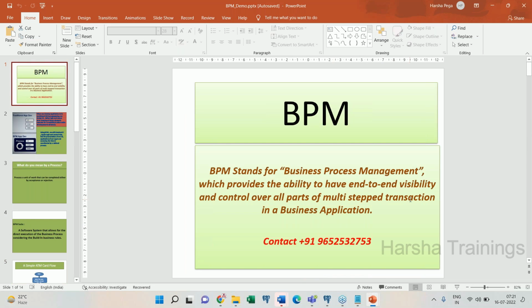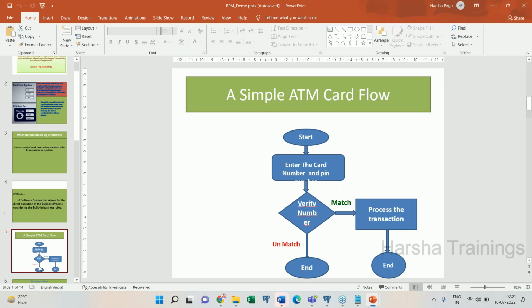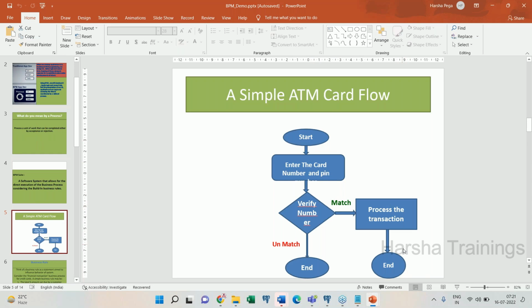So whenever you are going to design a transaction model in your business application, then your transaction is going to have multiple steps involved. But remember one thing, all the steps are connected to each other. If the connection is missing, there is no meaning, right? So step 1 is done, it will proceed to step 2. Maybe the details that you have at step 1 will be forwarded to step 2 and utilized.